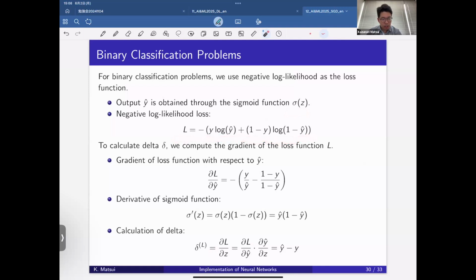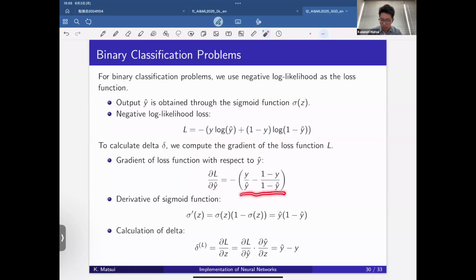To calculate delta, we need to take a partial derivative, but since taking the partial derivative directly with respect to z is troublesome, let's first calculate the partial derivative with respect to y hat. When we take the partial derivative of this L with respect to y hat, it becomes like this.